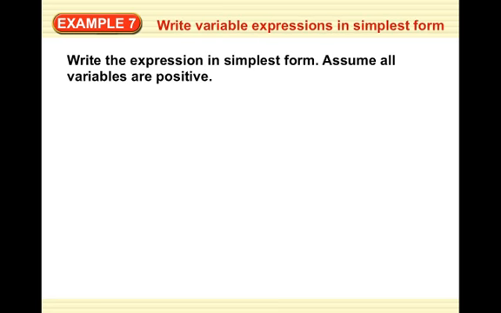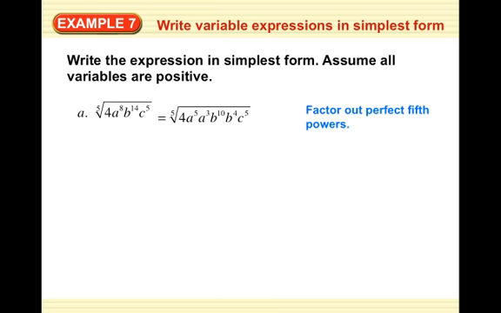Okay, our last example, we're going to write the expression in simplest form, assume all the variables are positive. We've got the fifth root of 4 times a to the 8th times b to the 14th times c to the 5th. So we want to factor out perfect fifth powers. Now 4 is just equal to 2 squared, so there's really nothing we can do about that. A to the 8th, we want to break off a perfect fifth power.